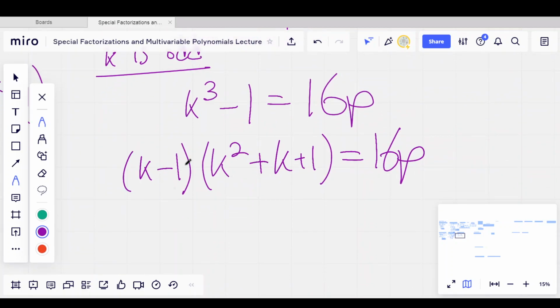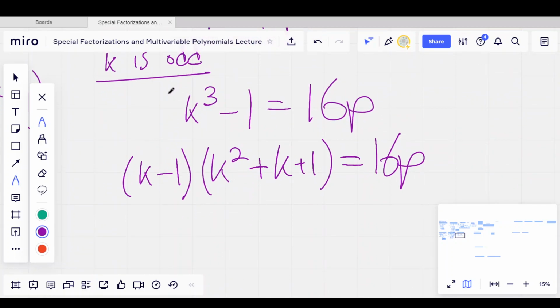Now you just use a little logic here. If k is odd, then k minus 1 is even. And if k is odd, then k squared is odd, and k is odd, so it's odd plus odd, which makes it even. And then even plus 1 is just odd.